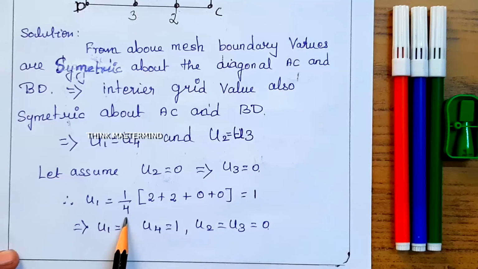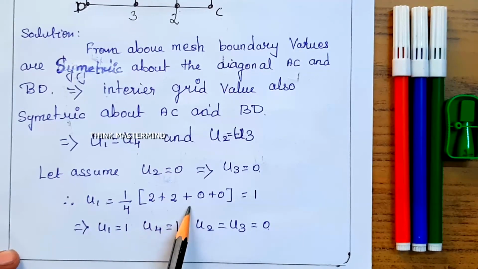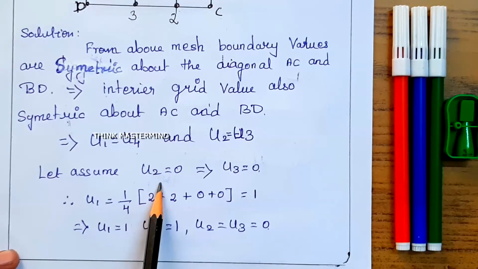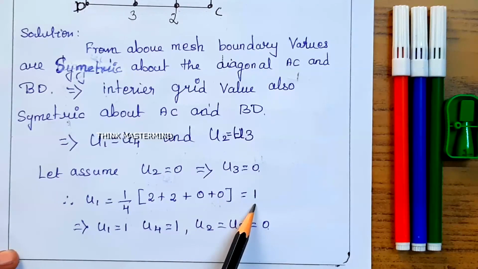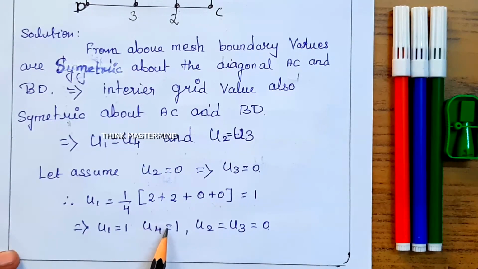Therefore, U1 is equal to 1 by 4 times of 2 plus 2 plus U2 plus U3. So U3 is 0 and U2 is 0, so 4 by 4 is equal to 1. So U1 is 1, that implies U4 is also 1. Now the initial value of U1 is 1, U4 is 1, U2 is 0, U3 is 0.